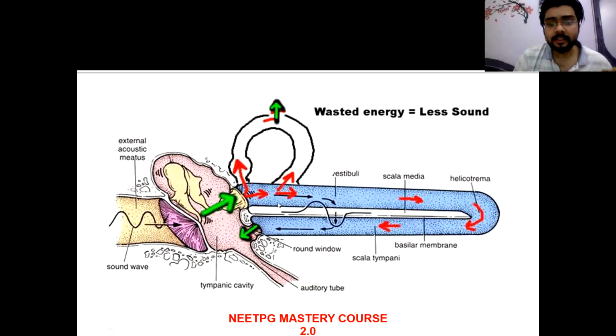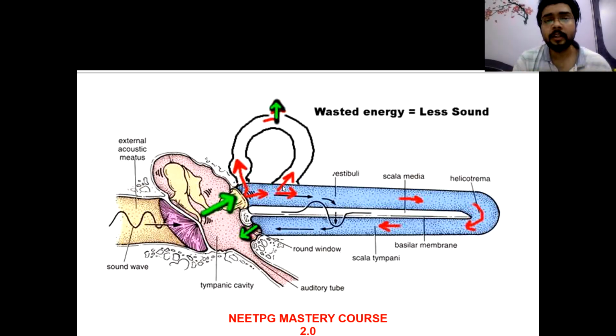So basically the thing you need to emphasize here is that we are getting a conductive hearing loss. Why? Because the conduction mechanism is impaired, and that is why we get a conductive hearing loss due to an inner ear pathology. Have you ever imagined any inner ear thing that is causing conductive hearing loss? Up till now you were reading about ossicular necrosis, ossicular disarticulation, tympanic membrane perforation causing conductive hearing loss.